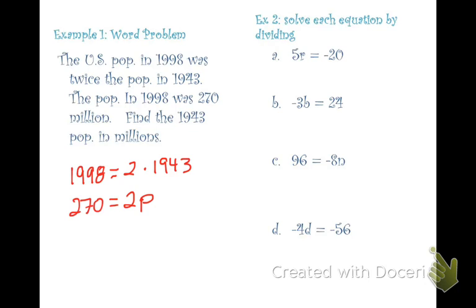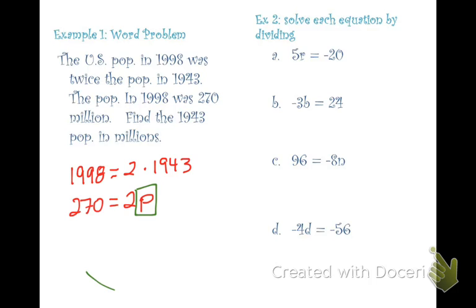So I have an equation now: 270 equals 2 times P. Again, we need to box our variable, and that's P. We need to get rid of what's attached to the box, and that would be 2.